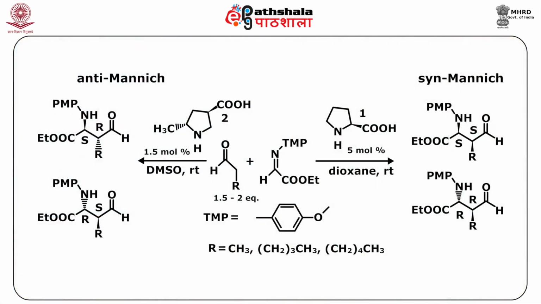The first asymmetric Mannich reaction with an unmodified aldehyde was carried out with S-proline as a naturally occurring chiral agent, as you can see here. So you can notice that this combination is happening and you are getting these diastereomeric pairs of enantiomers.